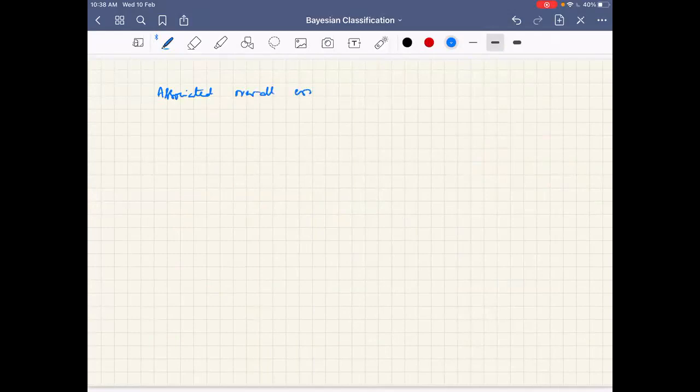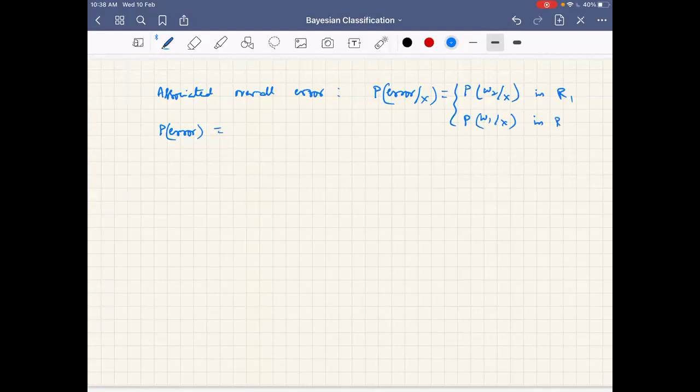What I need is the probability of error, not just the probability of error given X. What we have just seen is that the probability of error given X is equal to P of omega 2 given X in R1 and P of omega 1 given X in R2.